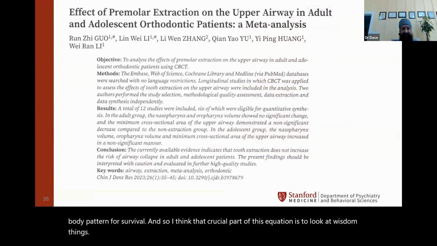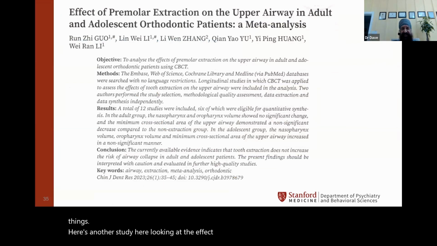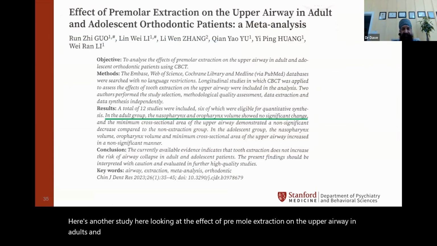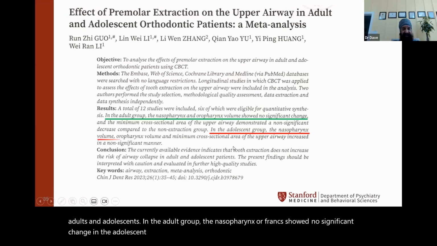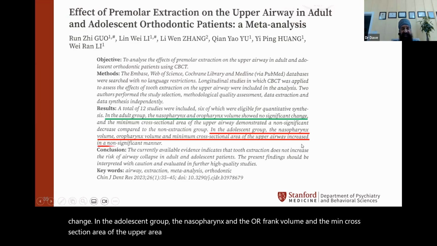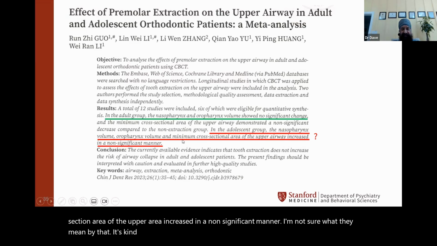Here's another study looking at the effect of premolar extraction on the upper airway in adults and adolescents. In the adult group, the nasopharynx and oropharynx showed no significant change. In the adolescent group, the nasopharynx and oropharynx volume and the minimum cross-section area of the upper airway increased in a non-significant manner. I'm not sure what they mean by that. It seems kind of contradictory.